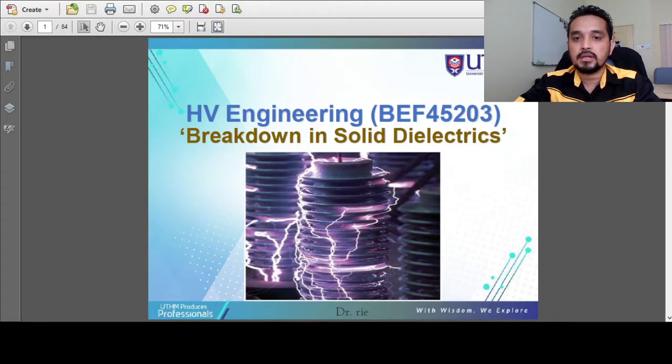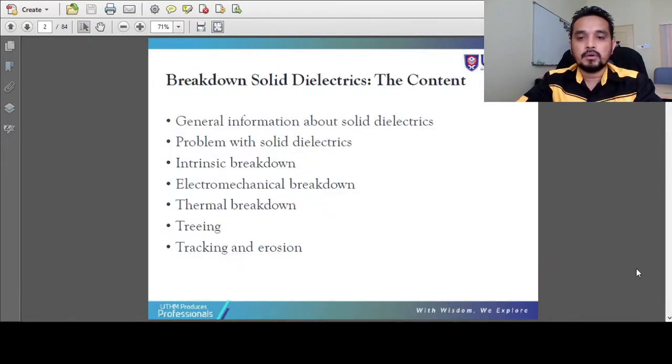In this session, I will just continue with the next topic for the dielectric breakdown, in which we're going to look into the breakdown in solid dielectric. For this topic, we're going to look into the general introduction about the solid dielectric and the problem related to the solid dielectric, which is one of the most important, actually the breakdown phenomena.